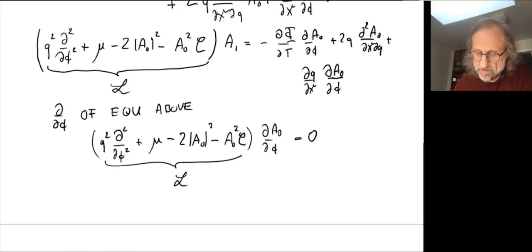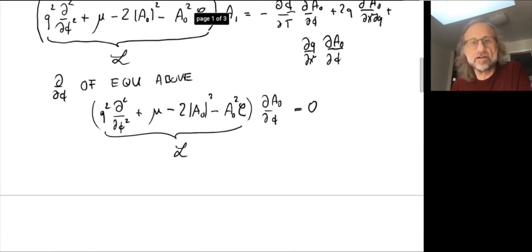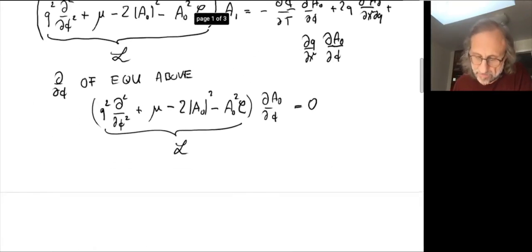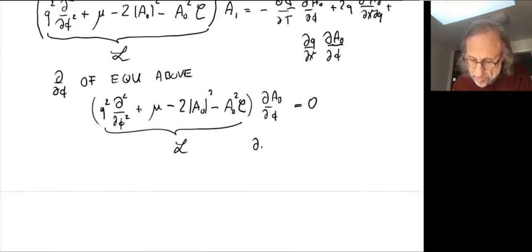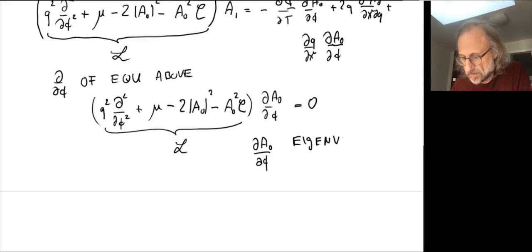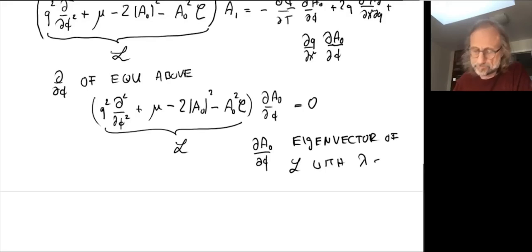And so we see that, as the general argument suggests, the derivative of the solution that we're looking at and that we are expanding around is a zero eigenvector. It's an eigenvector with eigenvalue 0, with lambda equals 0, and it's that translation mode.